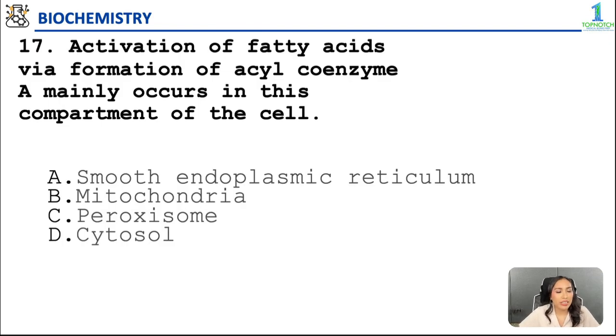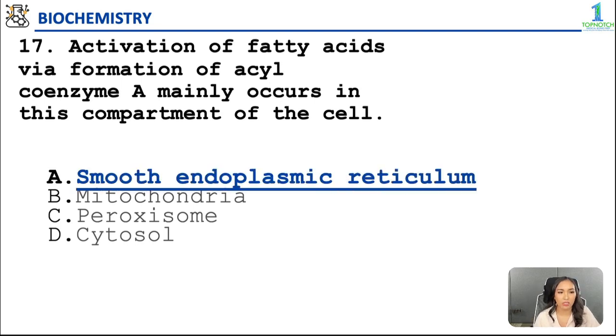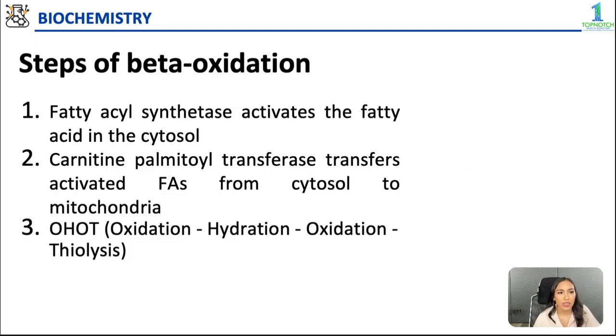Okay, number 17, activation of fatty acids via formation of acyl coenzyme A mainly occurs in this compartment of the cell, and the correct answer is letter D, cytosol. Let's look at the steps of beta oxidation. So step 1, fatty acyl synthetase activates the fatty acid in the cytosol, which pertains to our question.